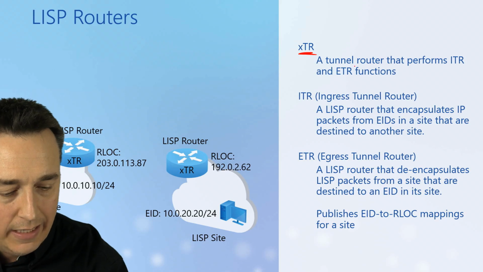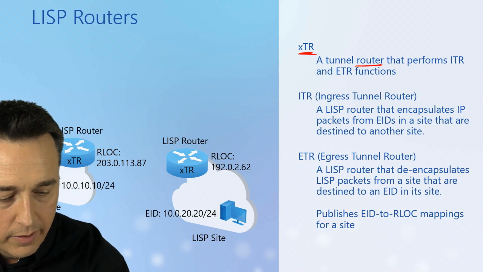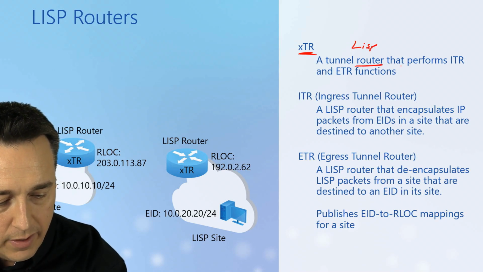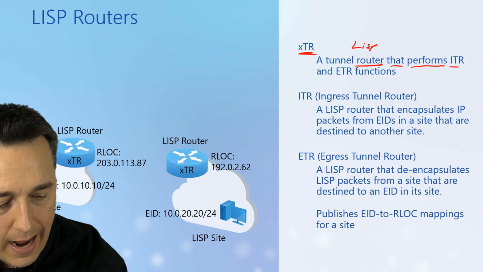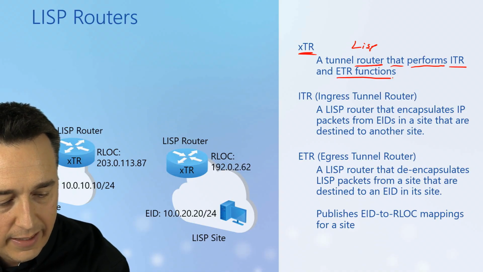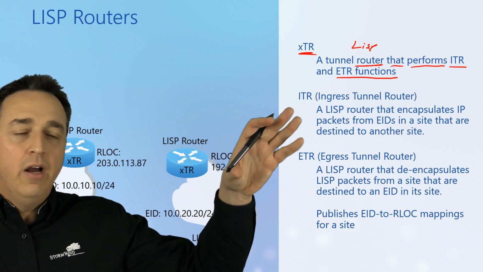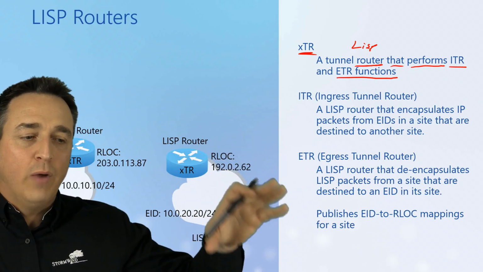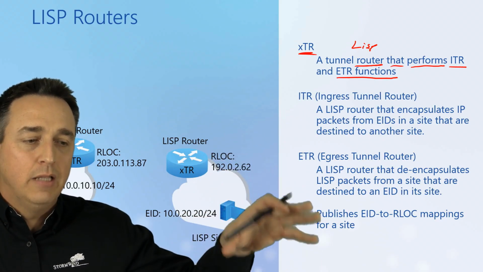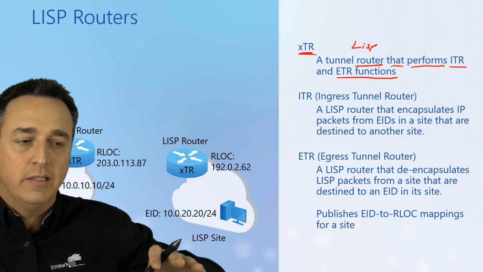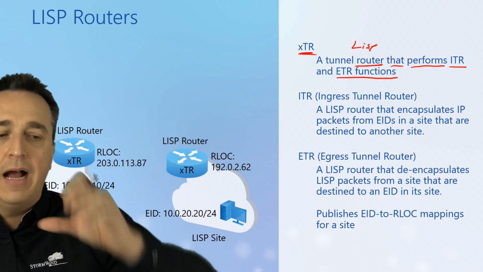An XTR is any LISP router that performs ITR and ETR functions. An ITR is a LISP router that encapsulates IP packets that are leaving the environment.